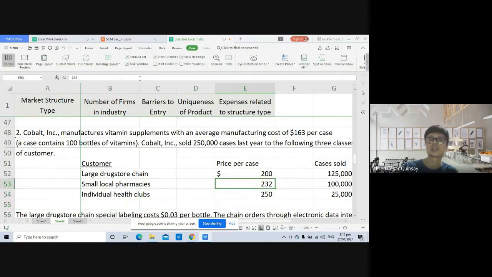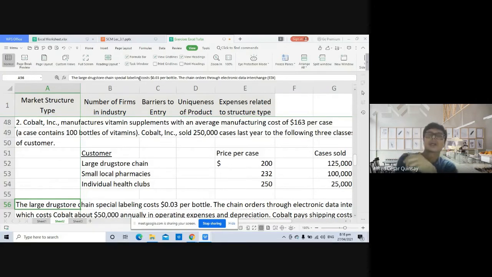Saka iba yung market niche ng individual health clubs. Ang common notion dun, mga may kaya yung nagpupunta sa health clubs, dito mas pangmasa. Bukod sa mas may kaya, may mga marketing expense yan kasi health club naman yun. Hindi naman yun parang butika na nandun ka, alam ka agad na may gamot doon.